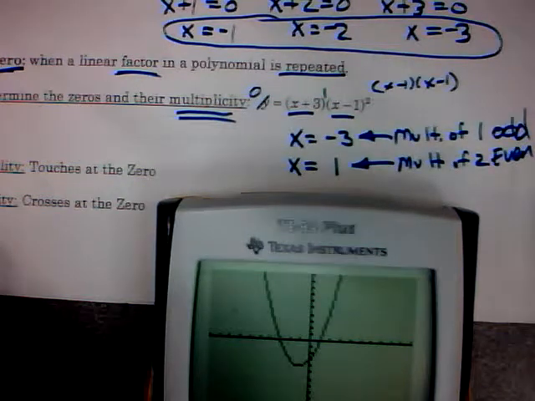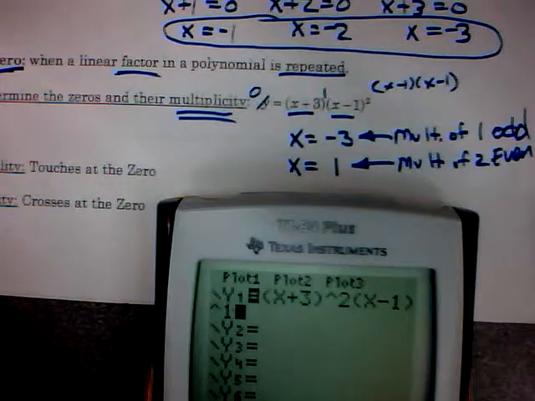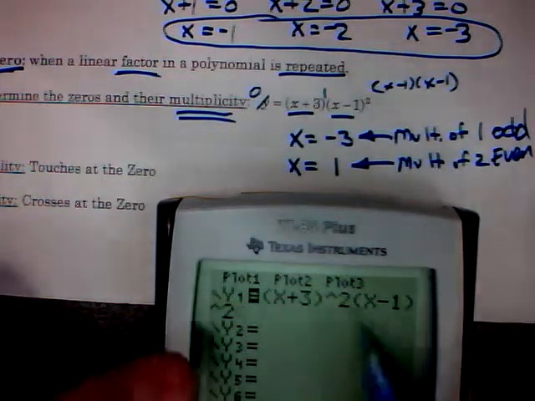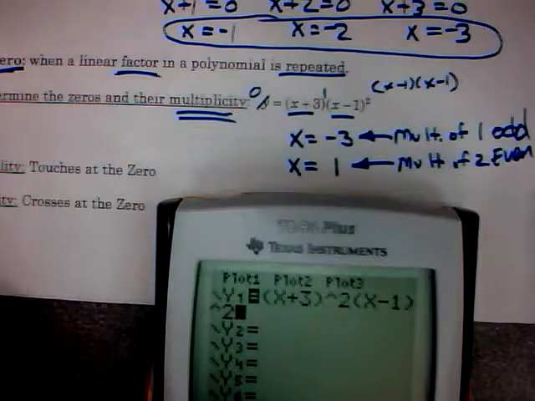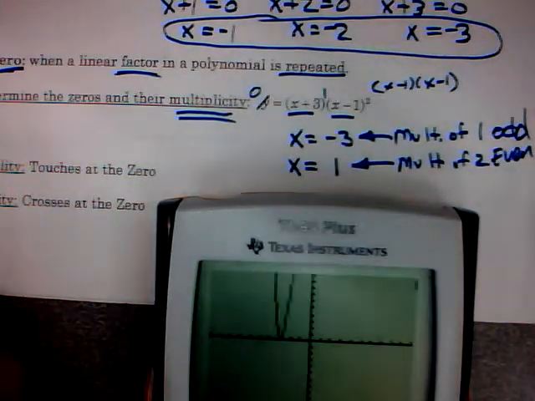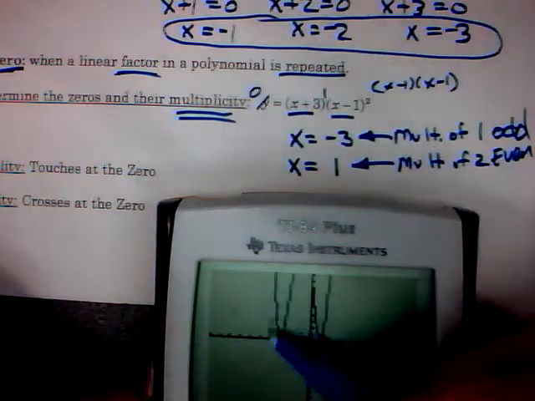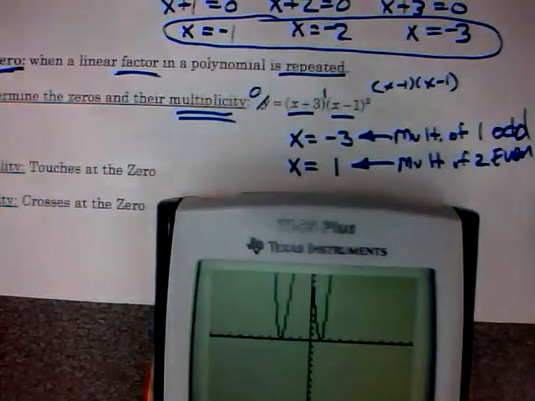Now, watch this. If I change the power of this first one to a 2, and the power of the second one to 2, so now both of these factors, or both of the zeros, occur an even number of times, look what happens to the graph. See how it bounces off of negative 3 and it bounces off of positive 1?